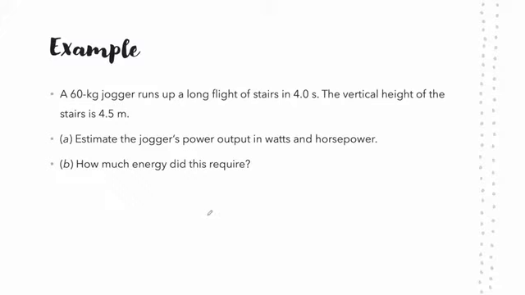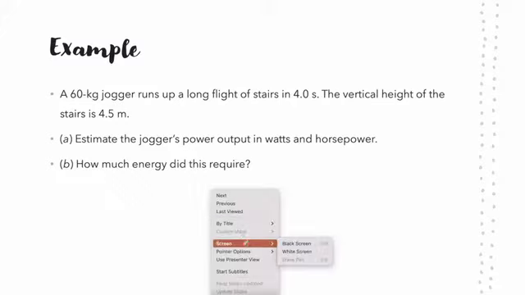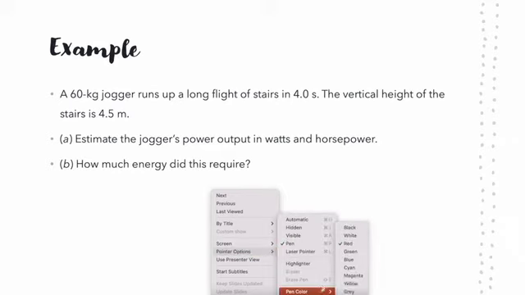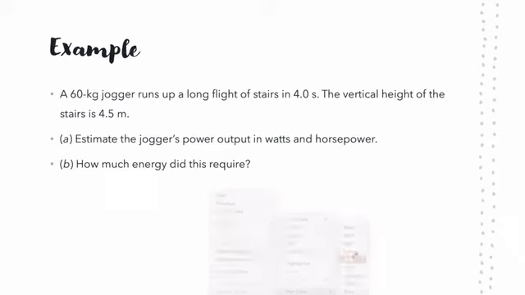All right, welcome back. Okay, so in this question, they're asking us to find the power output, and we know that power is equal to work over time, which is equal to change in energy over time.